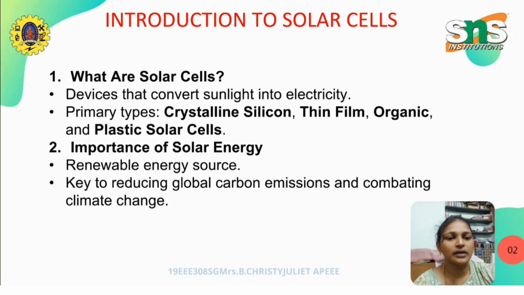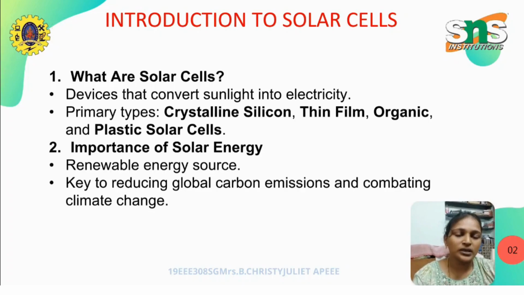It is a renewable form of energy source, and it is being widely adopted by every individual, because it is one of the major keys to reducing global carbon emissions. In order to reduce our dependency on fossil fuels, we are in drastic need of renewable energy sources, and that is why we are now seeing a lot of solar cells everywhere.